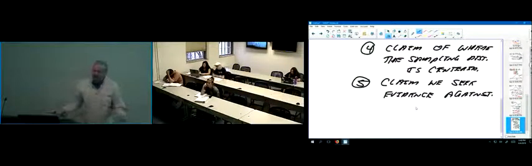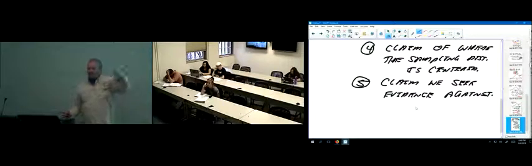Well, then there's the other side of the null hypothesis, and the other hypothesis or claim or statement is called the alternative hypothesis. It's denoted by a capital H subscripted with an A. That's the alternative.